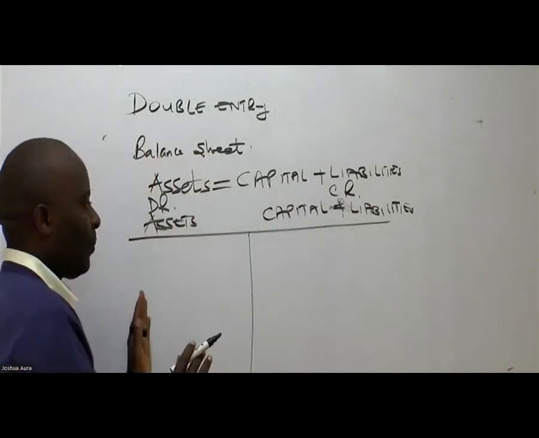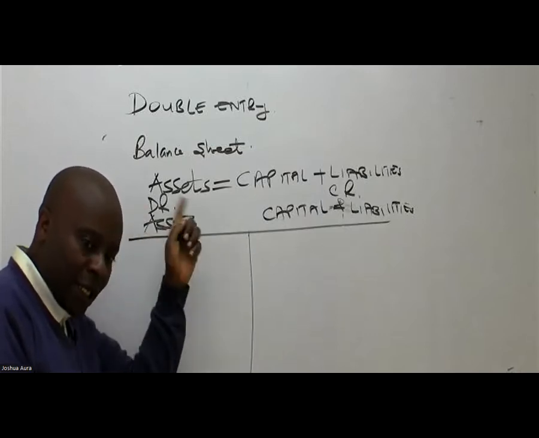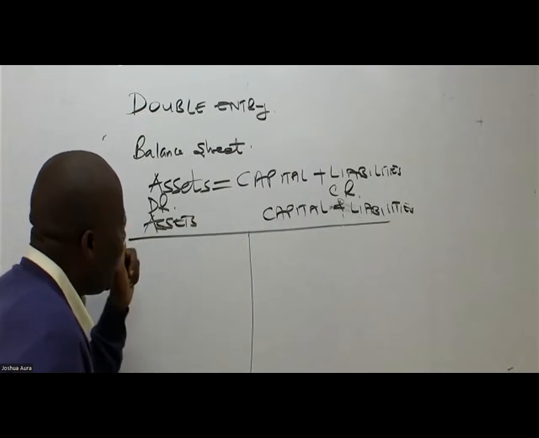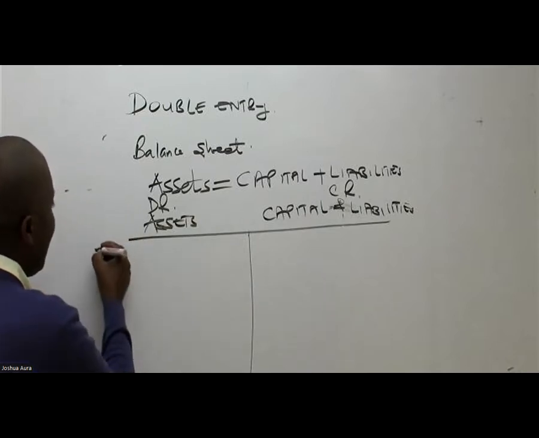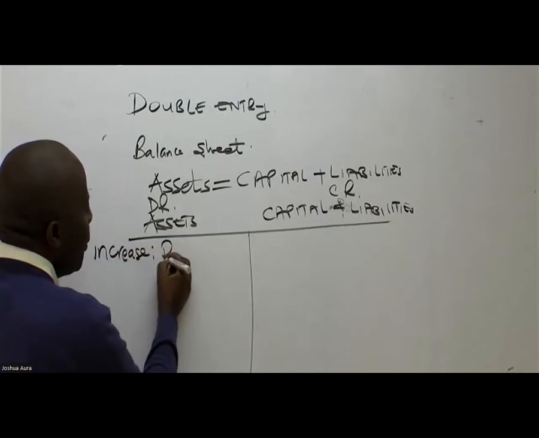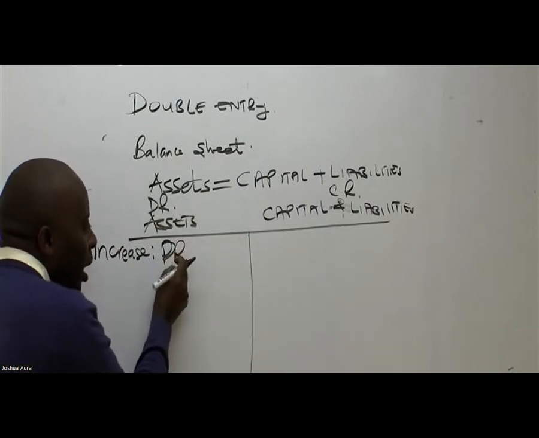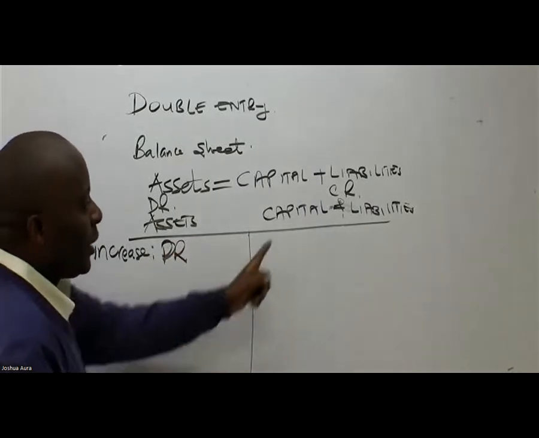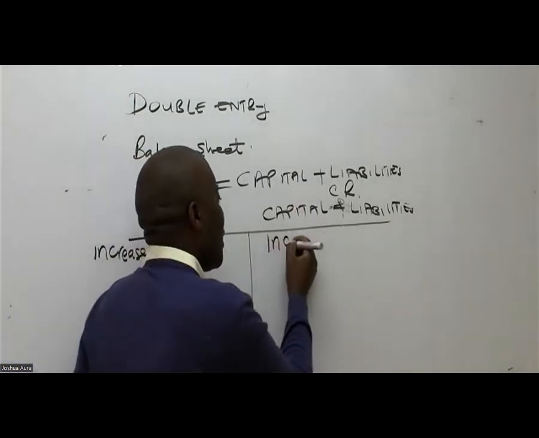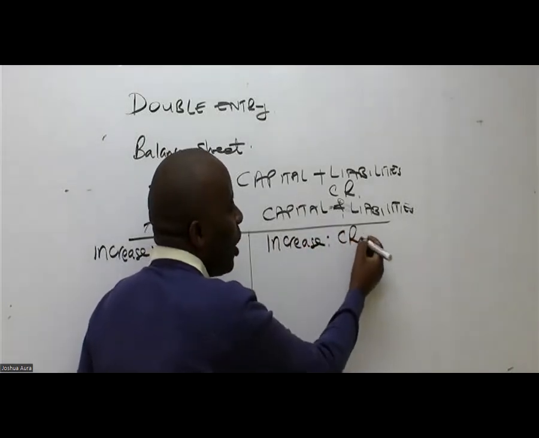Whenever assets increase, we shall always be debiting the particular asset account. The same case with capital and liabilities: whenever we have an increase on this side, we shall be doing what we call credit.